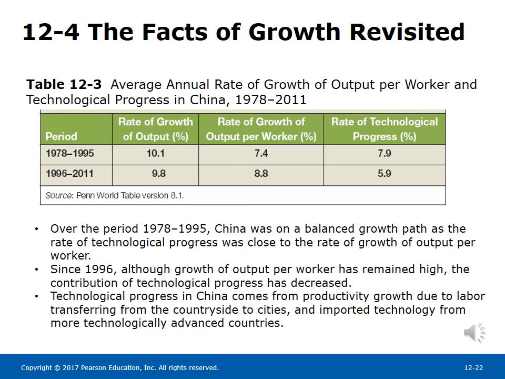Since 1996, although growth of output per worker has remained high, the contribution of technological progress has decreased. Technological progress in China comes from productivity growth due to labor transferring from the countryside to cities and imported technology from more technologically advanced countries.